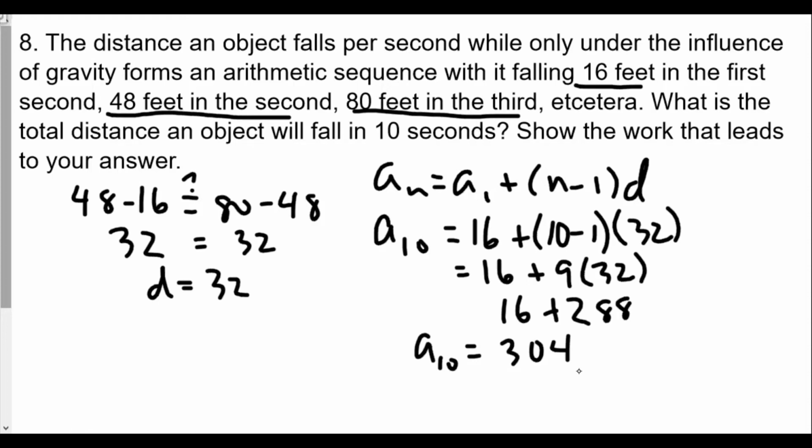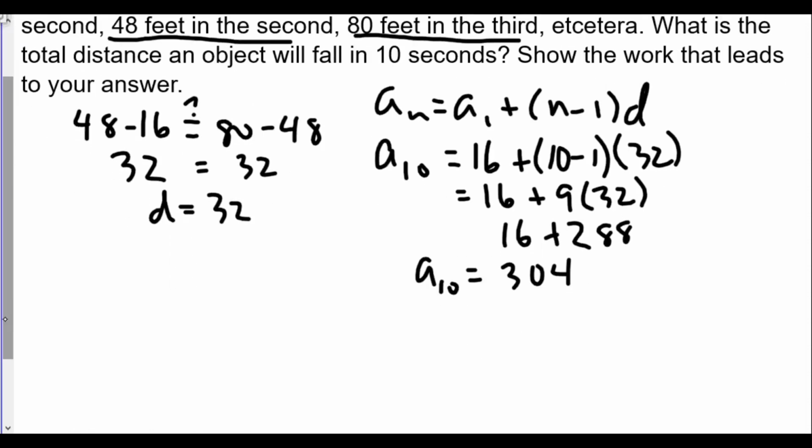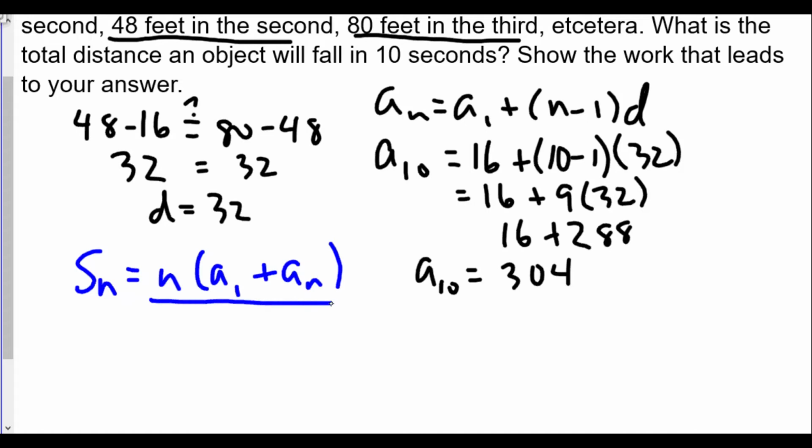Now we'll use our formula to add up the total distance. S sub n is equal to n times a1 plus a sub n, meaning the first and last terms added together, all divided by 2.